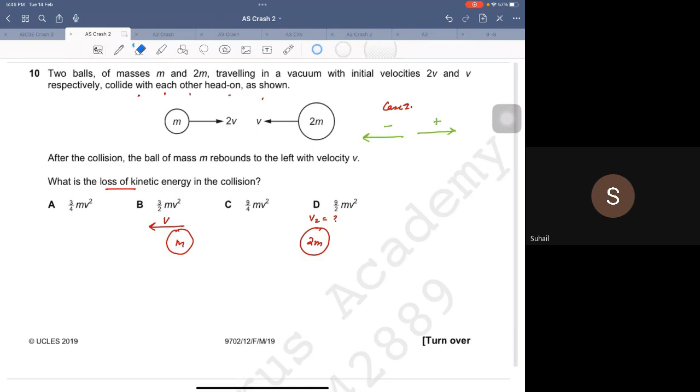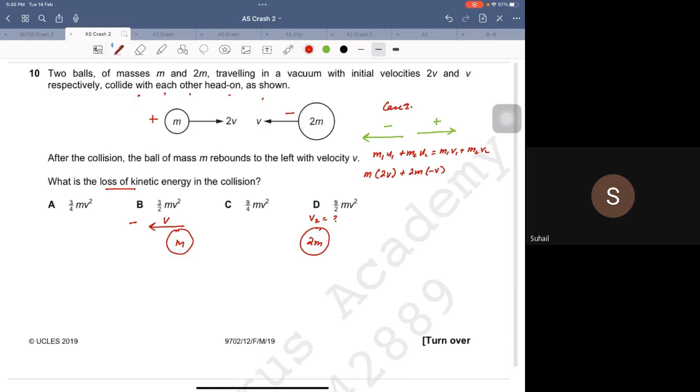So you can call this positive, this negative, and we don't know the other one. So we're going to write m1 u1 plus m2 u2 equals m1 v1 plus m2 v2. The mass right now is m, this is going to be 2v, and then this is going to be 2m, and that's going to be negative v.